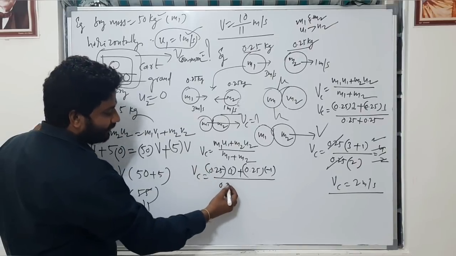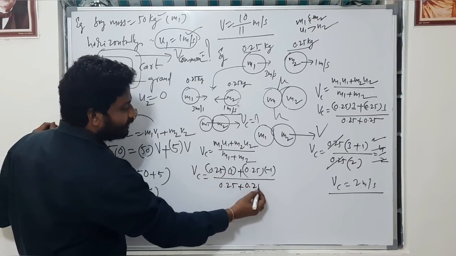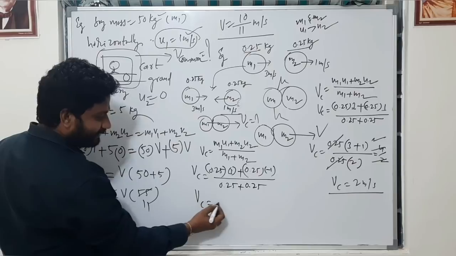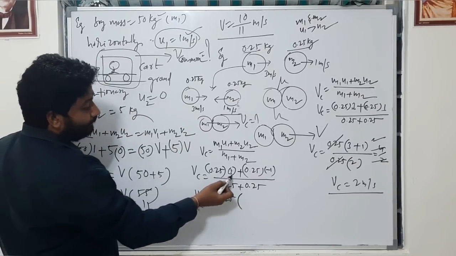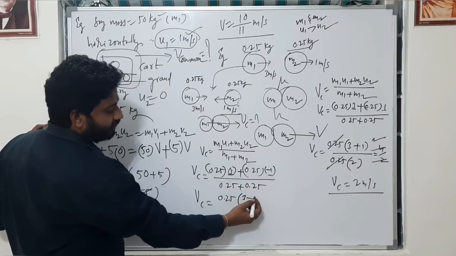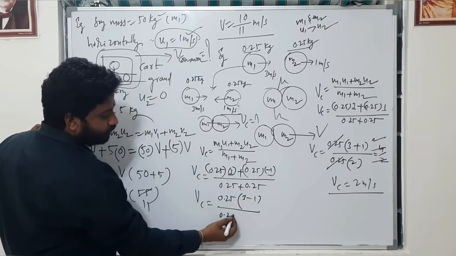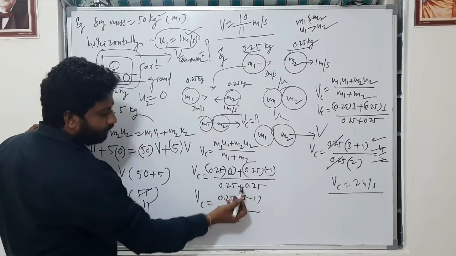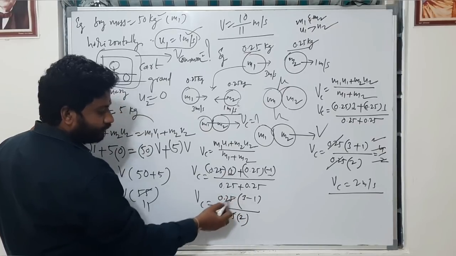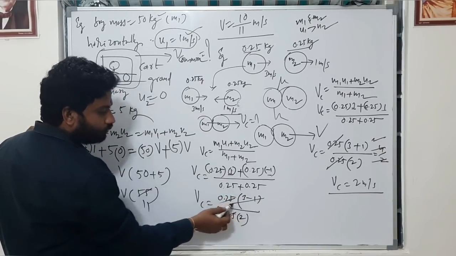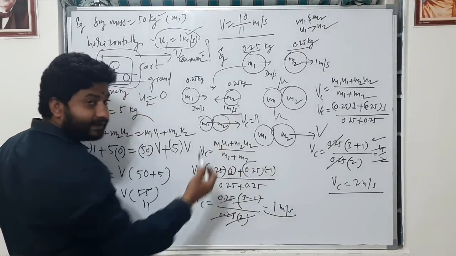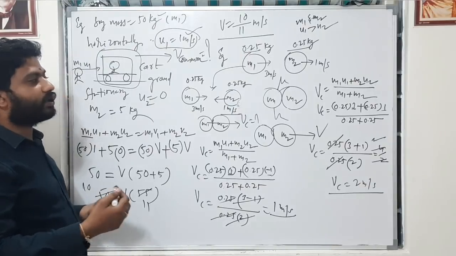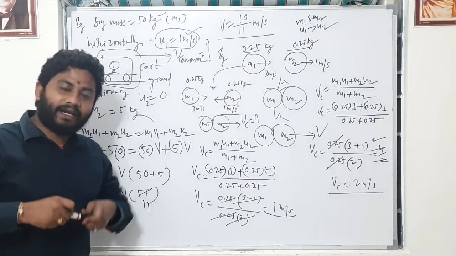By m1 plus m2, 0.25 plus 0.25. So common velocity, taking 0.25 common from the numerator, 3 minus 1 is left, divided by 0.25, if you take common, 1 plus 1 will be 2. 3 minus 1 is 2, 2 by 2 cancel. 1 meter per second. I hope you understand. Clear? In this way the questions will be asked, right?